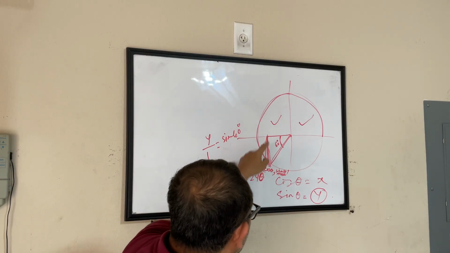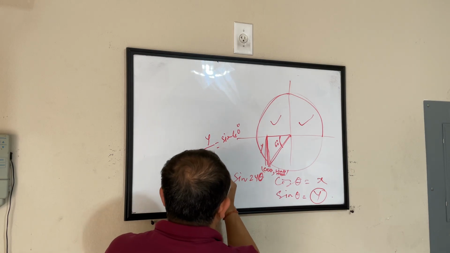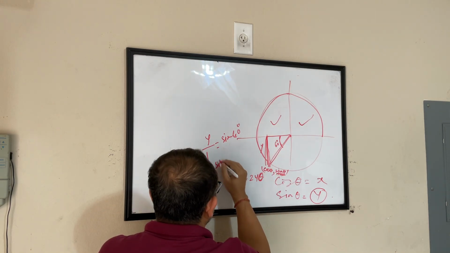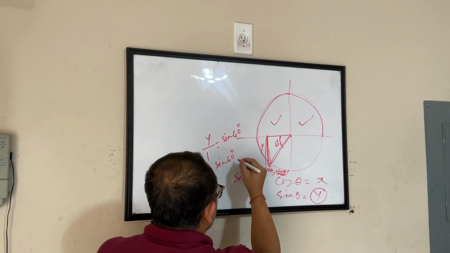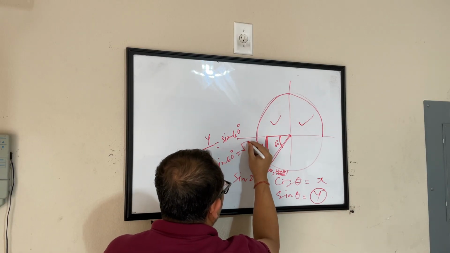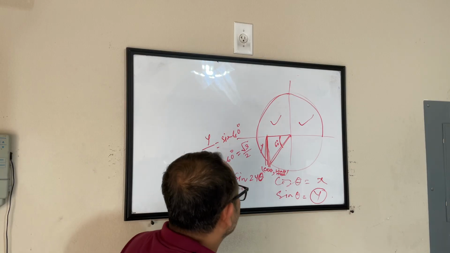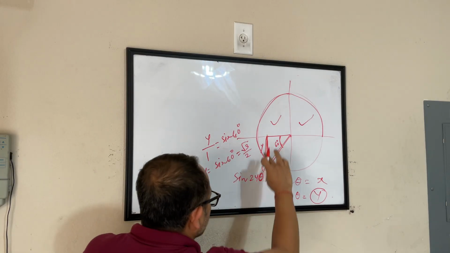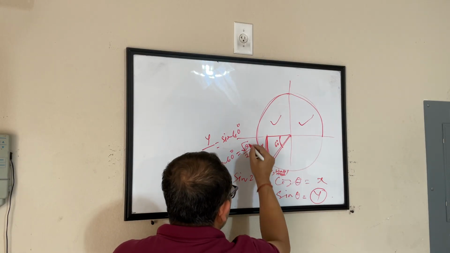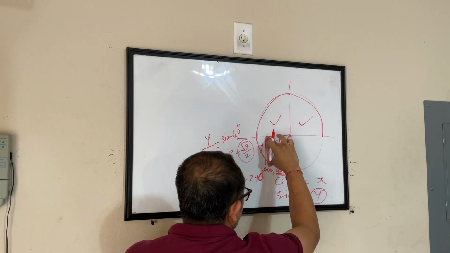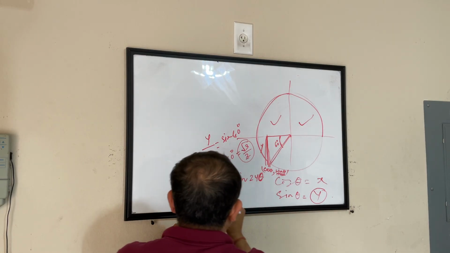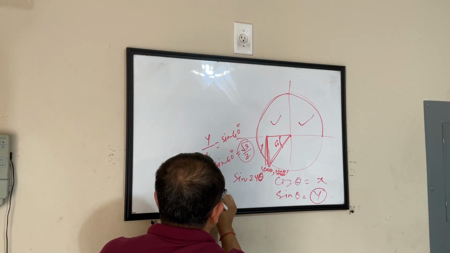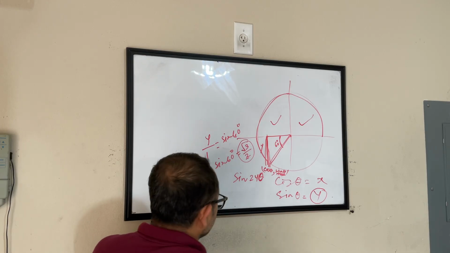So this length is nothing but sine 60 degree, which, again I am forcing you guys to believe me, is root 3 by 2. You found the value of y, which is root 3 by 2, but this is in the negative direction. So this value will be minus root 3 by 2.